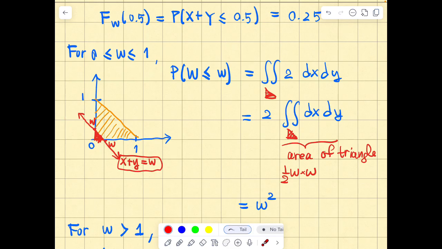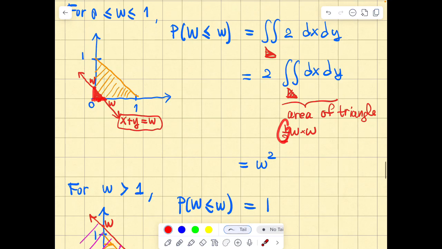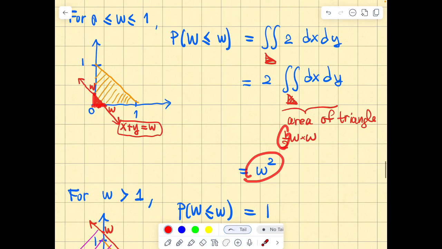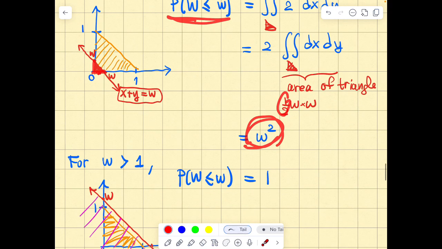Okay, so w is going to be in between. Again, we're looking at this triangle. So we integrate over the joint PDF, which is 2. We take it out from the integral, and we find the area of this triangle, which is 1/2. The base is w, the height is w, so it's w squared. Okay? So that means the CDF when w is between 0 and 1 is equal to w squared.